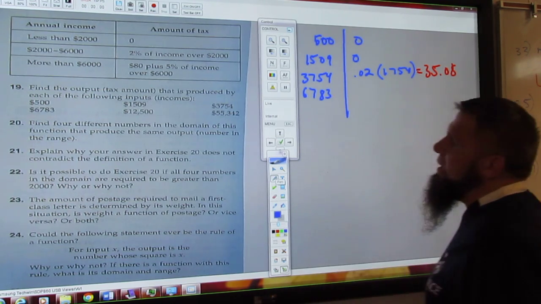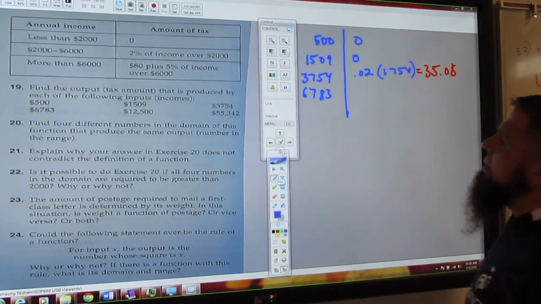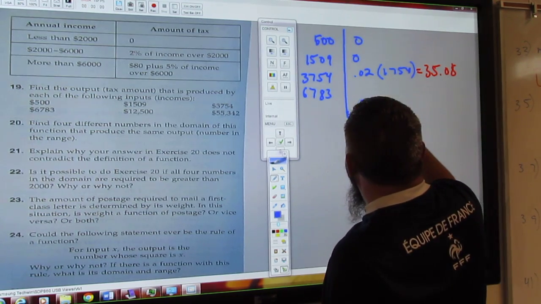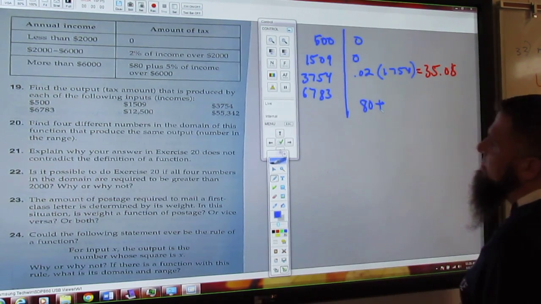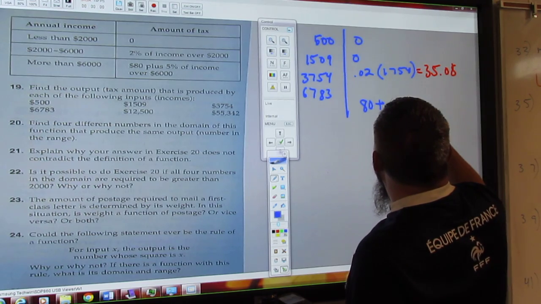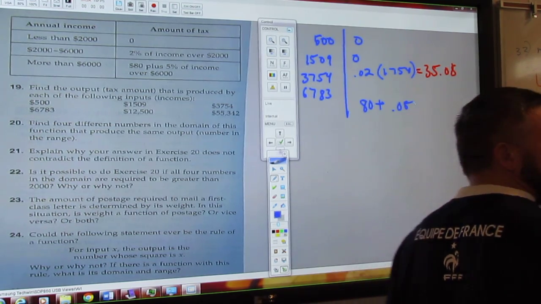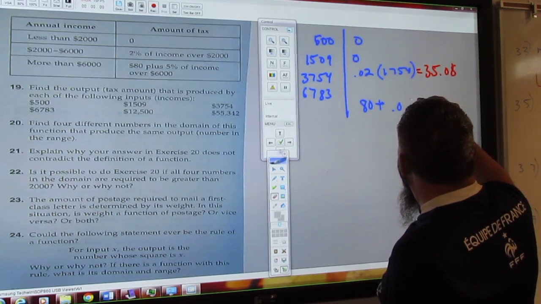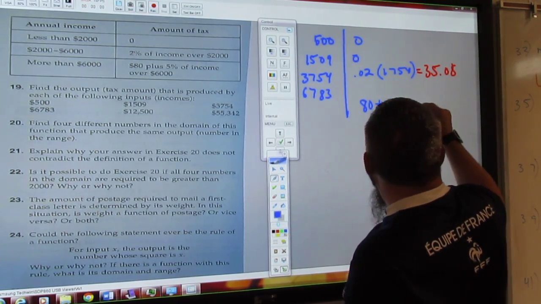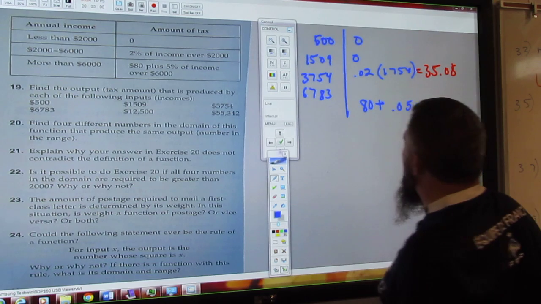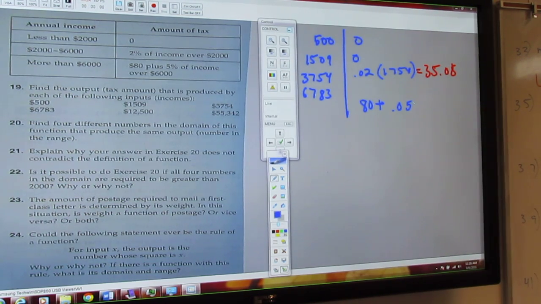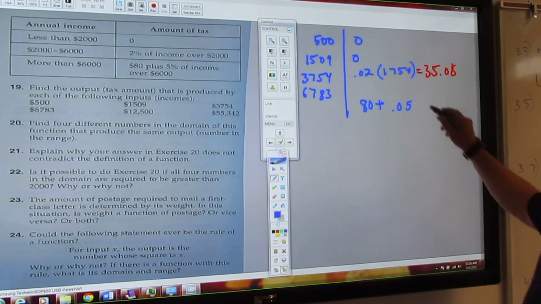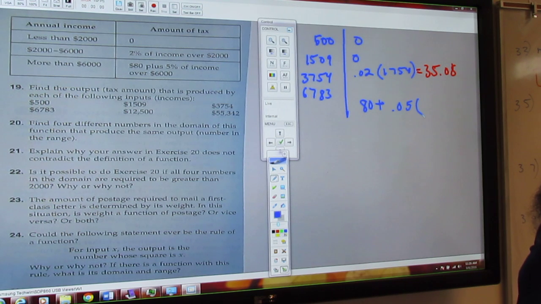So that's going to be $80 plus 0.05, which is 5%, times the amount over 6,000.